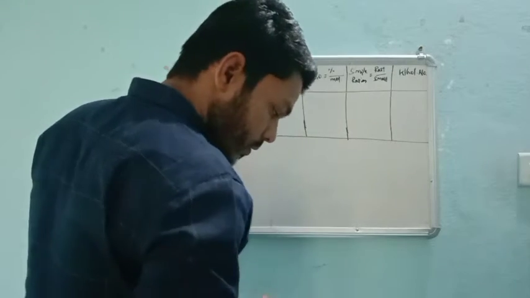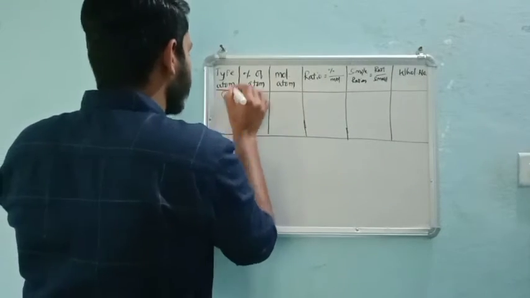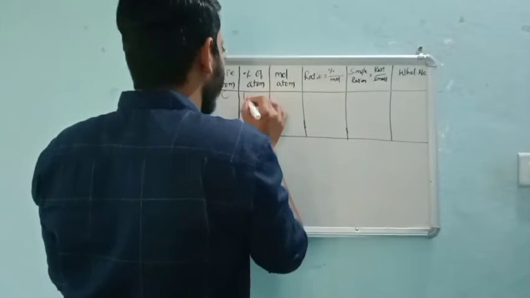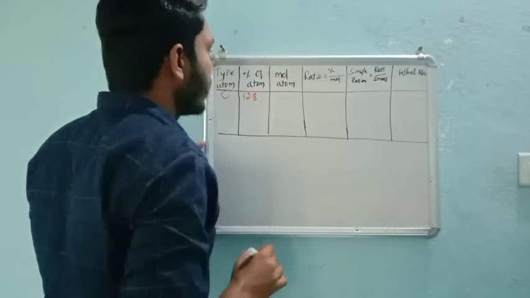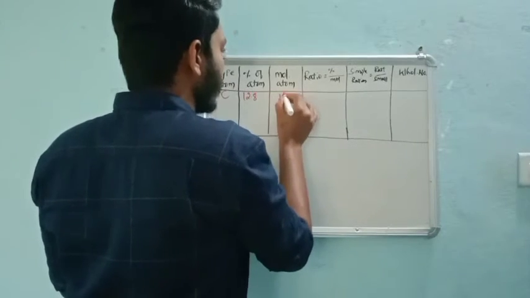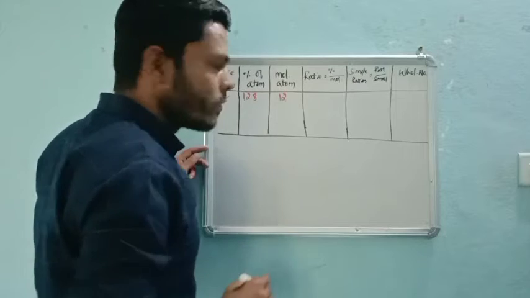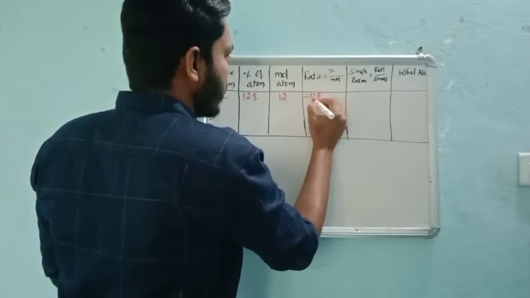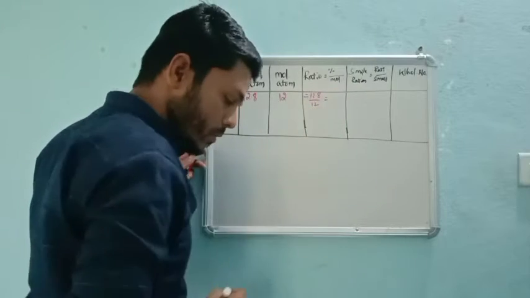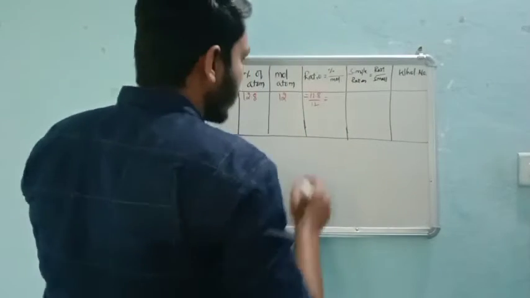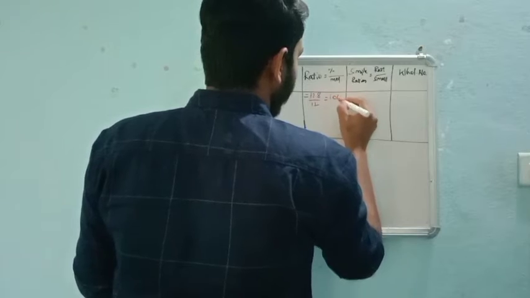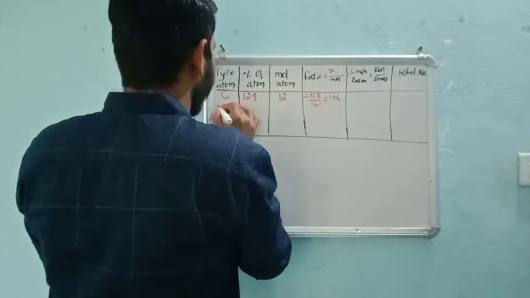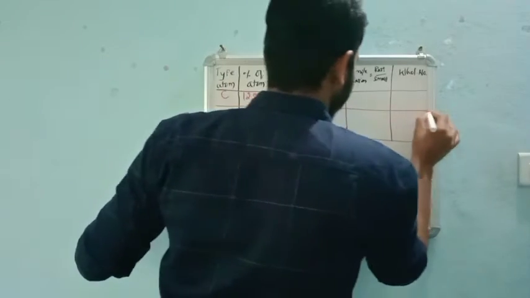The first atom is carbon, whose percentage is 12.8%. The atomic mass we already know is 12, and the ratio is 12.8 divided by 12, which is nearly 1.06. The simple ratio we will do later. So this is about carbon.